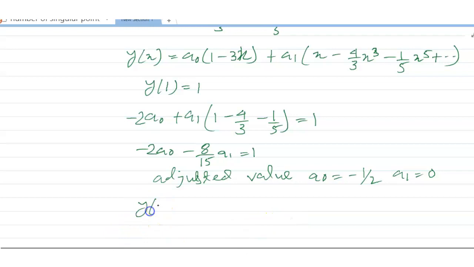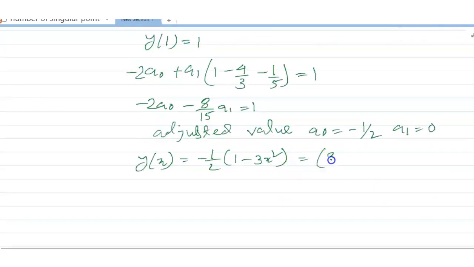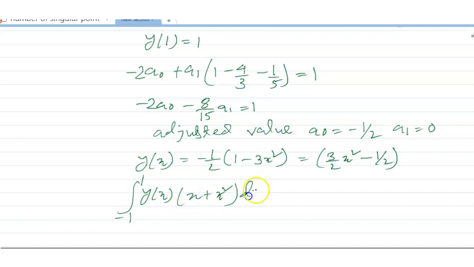So y(x) is equal to minus half times (1 minus 3x squared), that is 3/2 x squared minus half, and the integral from -1 to 1 of y(x) times (x plus x squared) dx equals the integral from -1 to 1 of (3/2 x squared minus half) times (x plus x squared) dx.